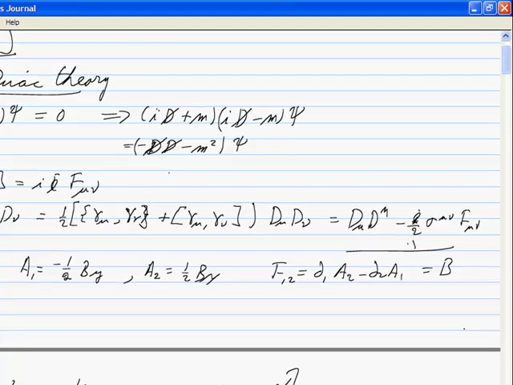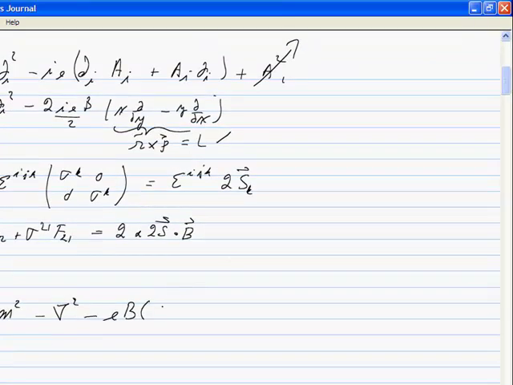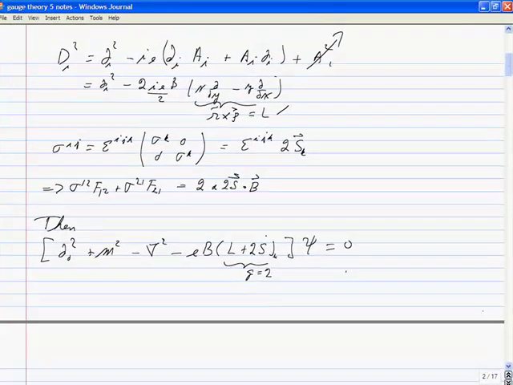I have an e over 2 there, so one of the 2's gets out of there, becomes L plus 2S. This gives us the g factor, and you put this into the usual Schrödinger equation by doing the usual non-relativistic reduction, right? So that's, I think, the cleanest calculation of the L plus 2S factor that we get.